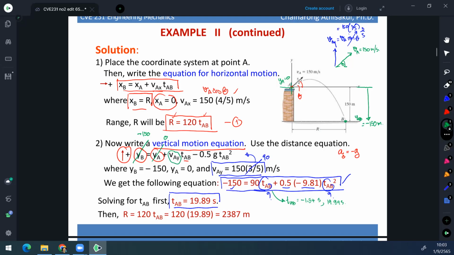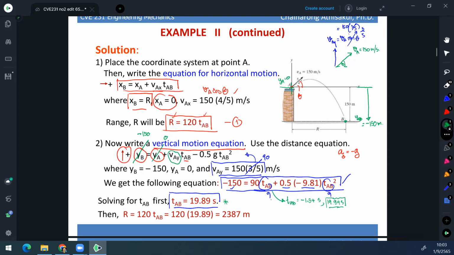But because we consider the time interval starting at point A to point B, time can never be a negative value. So we select the solution of 19.89 second as the time TAB. That is the first answer.